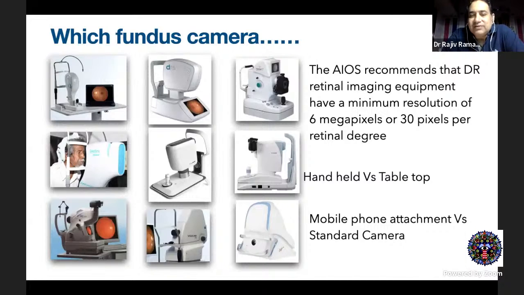There are many of these mobile phone attachment cameras versus a standard camera. Definitely, as far as quality of image is concerned, the standard camera quality is better, though nowadays with high resolution images, mobile phone fundus photographs are also not bad. However, if you compare mobile versus standard camera, quality is definitely better.